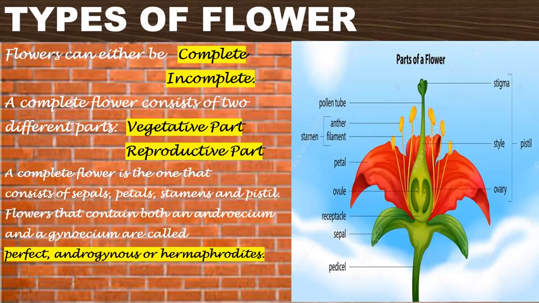Or we can say that a complete flower is the one that consists of sepals, petals, stamens, and pistil. Flowers that contain both an androecium and a gynoecium are called perfect or androgynous or hermaphrodites.